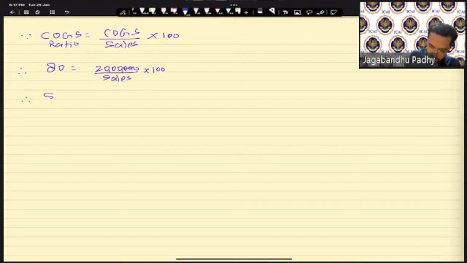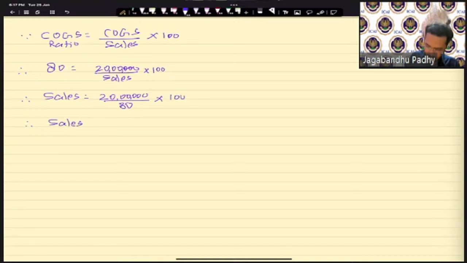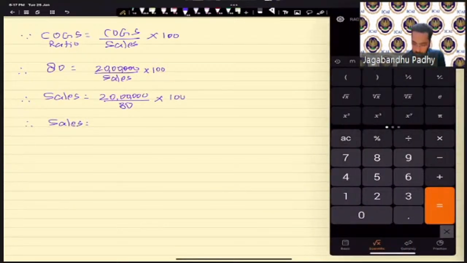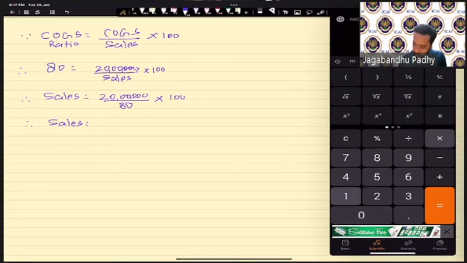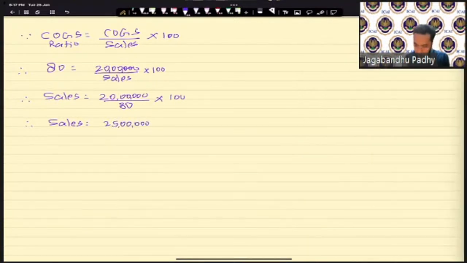So this should give us the amount of sales. So sales will be 20 lakh divided by 80 into 100, which is 25 lakh. We get a sales figure of 25 lakh.